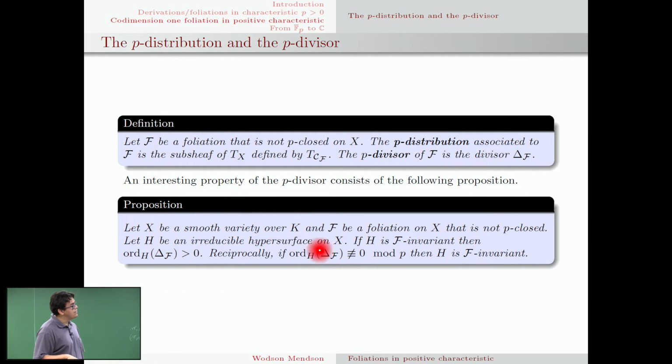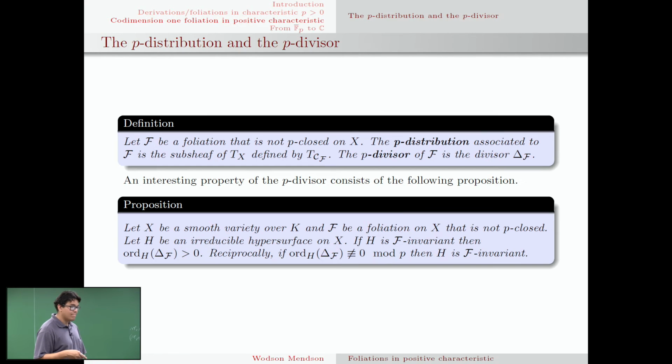And reciprocally, if you have this condition here, then it is F-invariant. In some sense, the p-divisor takes every invariant hypersurface of the foliation.